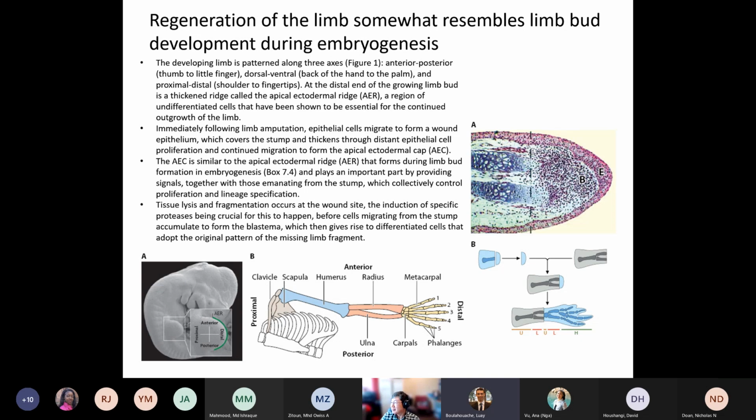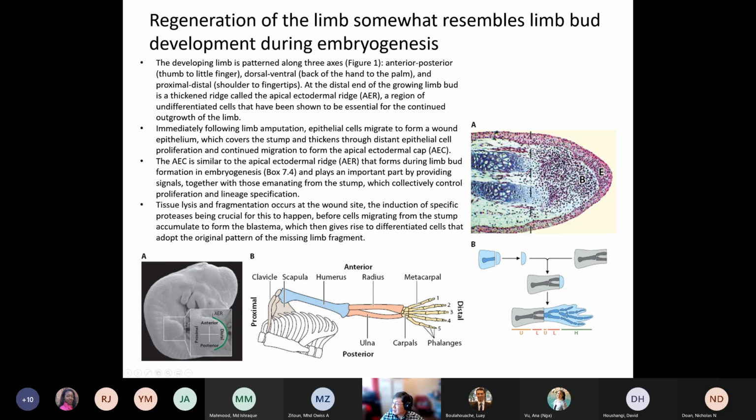So here I want you to compare the blastema, or the cover of the blastema, to embryonic development. I want to explain why this epithelium cover also plays an important role. Here, look at my mouse pointer, it's pointing to the distal end of a growing limb bud.